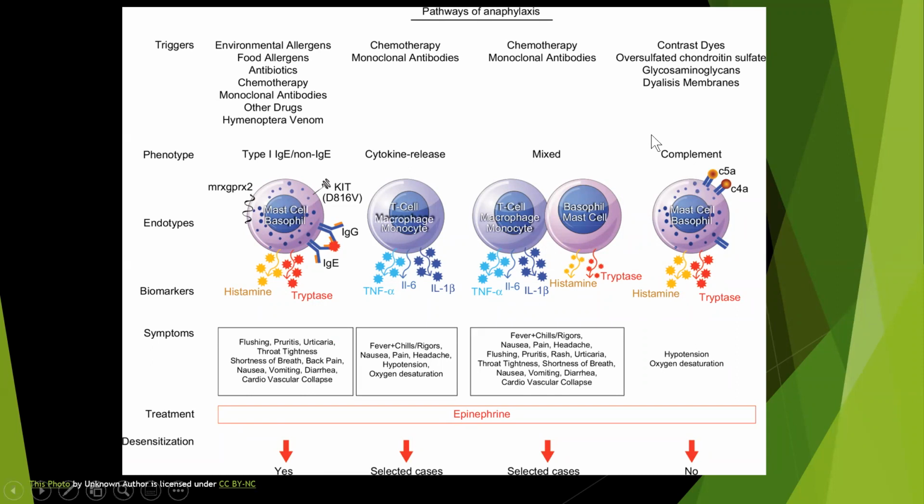That's where people would have an EpiPen, because it can create all kinds of throat tightness. As you can see, there are symptoms down there: flushing, tachycardia, pruritus, which means itching, shortness of breath, nausea, vomiting, diarrhea, and cardiovascular collapse.